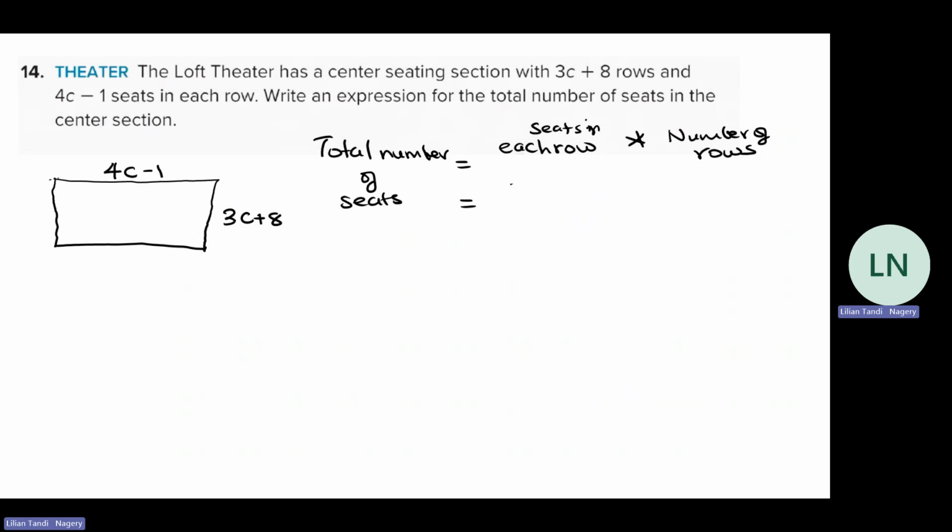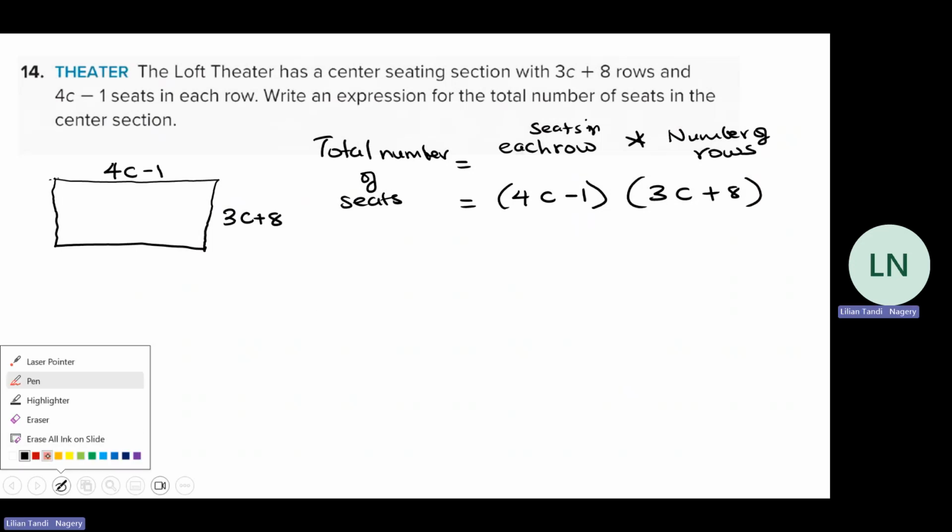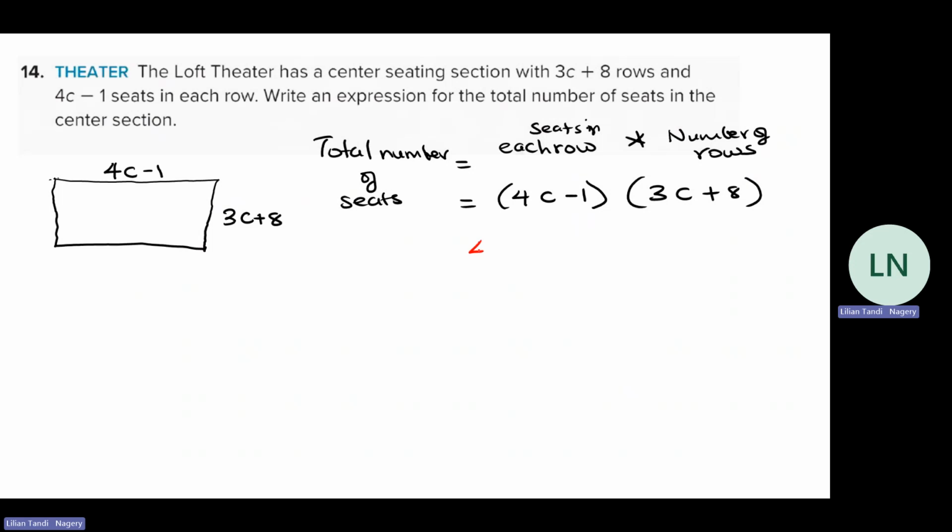So seats in each row is who? 4C minus 1. And I am multiplying with 3C plus 8. So then I will do distributive property. 4C, this is my out, and this is my in. 4C times 3C plus 8, minus 1 times 3C plus 8.